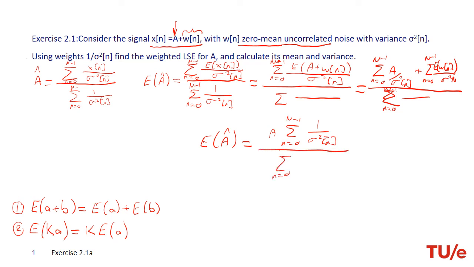This time around, I'm going to write it down for dramatic effect. And that's the dramatic effect I'm talking about. Hey, this is an unbiased estimator. The expected value for A hat is equal to A. I hope this clarifies this exercise. And if you have any other questions, please don't hesitate to contact us. Thanks.